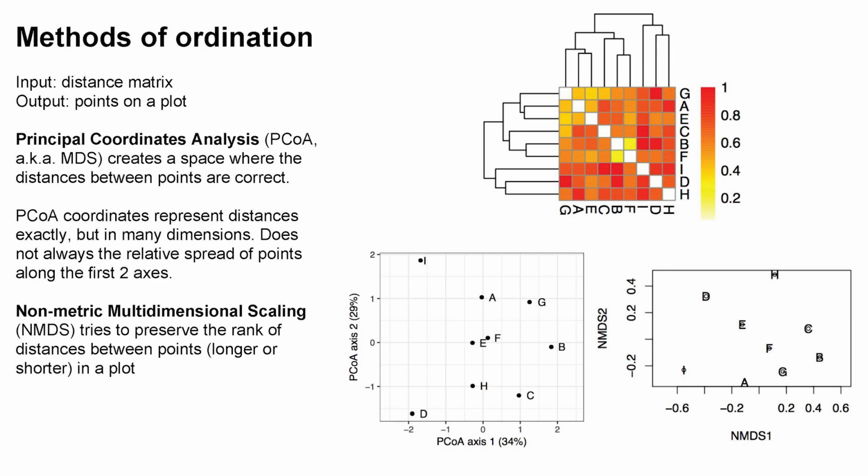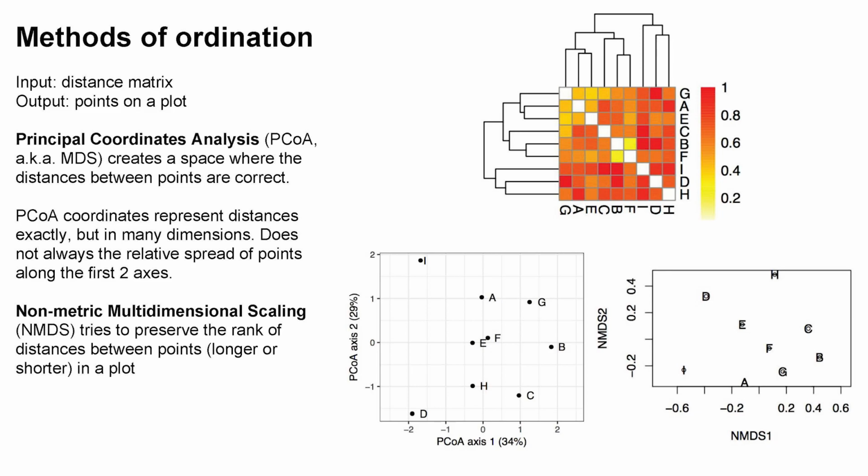The practice of making a plot in 2 dimensions from data is called ordination. So our goal here is that we have a distance matrix, that's our starting point, and then we want to get to a plot. That's our output. The 2 primary ways that people attack this are metric multidimensional scaling and non-metric multidimensional scaling.